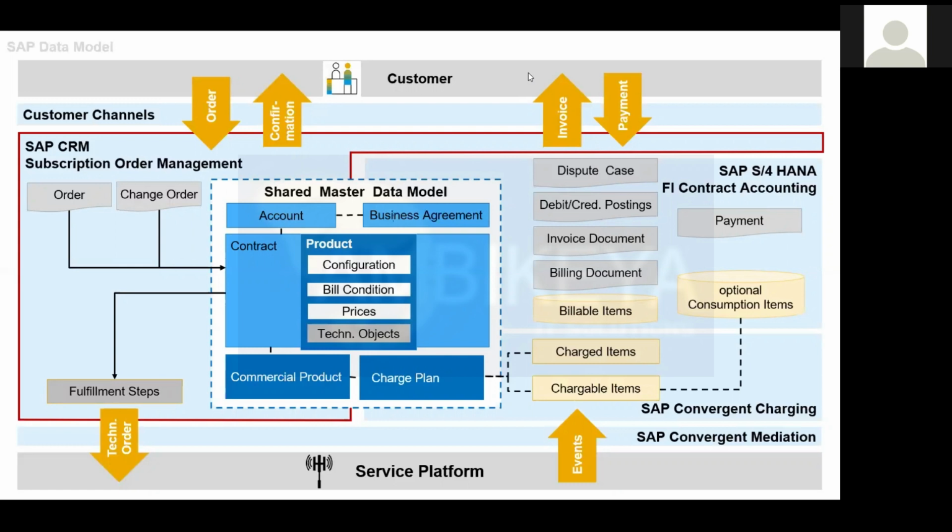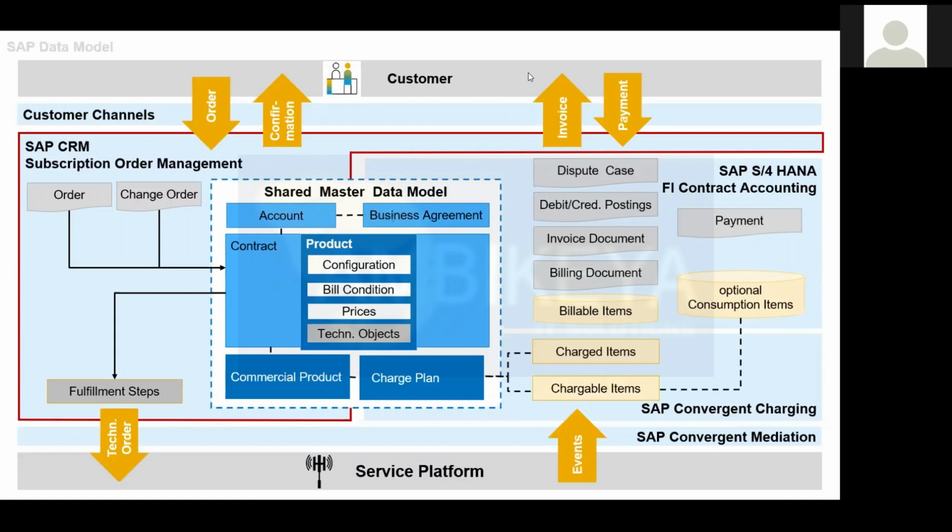Technical objects are relevant in consumption services, because you need to identify, with the help of the technical usage data, which subscription contract is relevant. For example, it could be an IP address that is related to a CPU usage, and you want to assign the contract. That means you need then in the convergent charging an access.